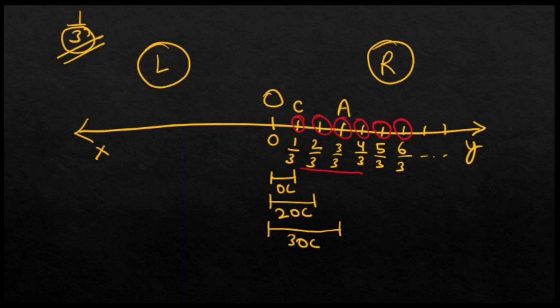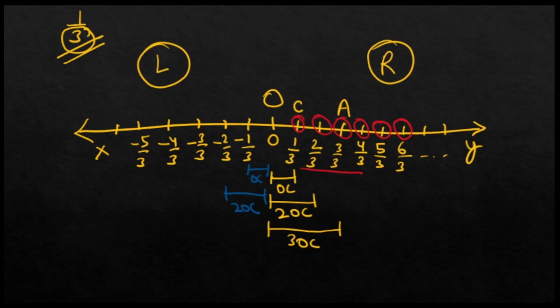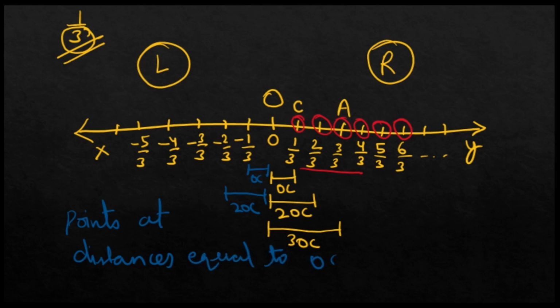The same procedure will apply for the left side. The distance from O to this point is OC. The distance from O to the next point is 2OC. Points at distances equal to OC, 2OC, 3OC, what are they denoting?